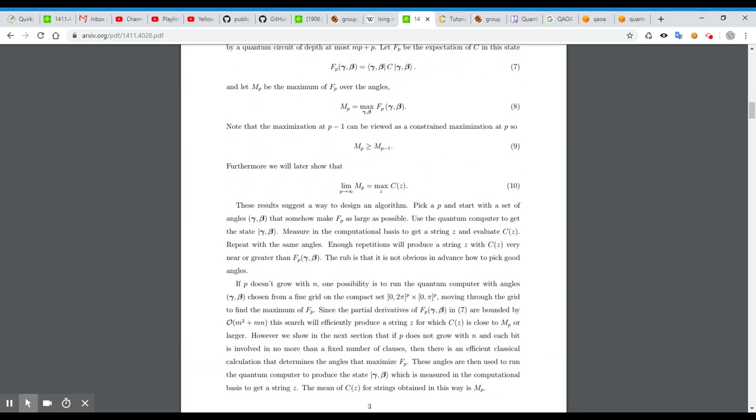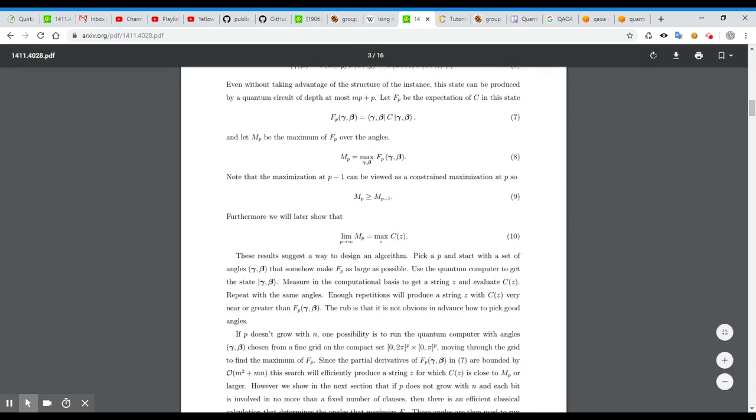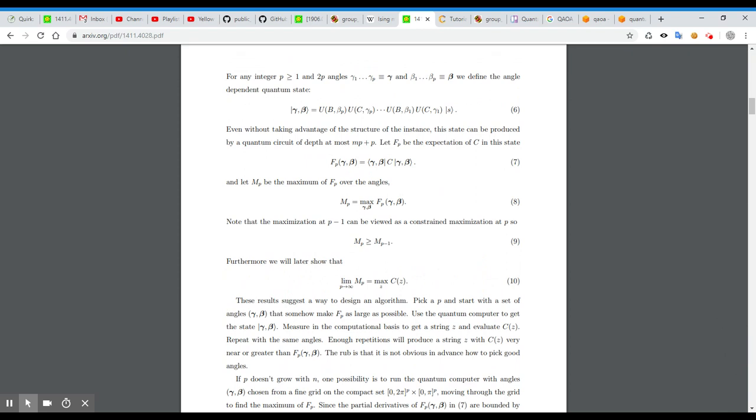This result suggests a way to design an algorithm: pick a p and start with a set of angles that somehow make F_p as large as possible. F_p being the expectation value, and C being, in this case, your set of constraints.